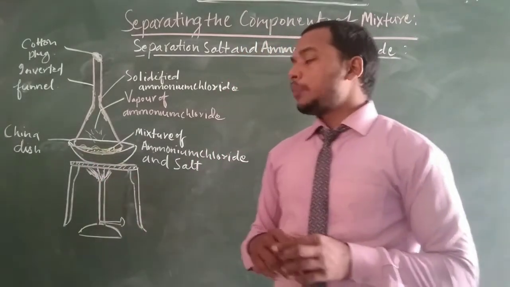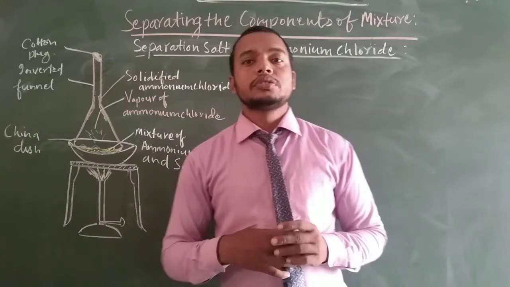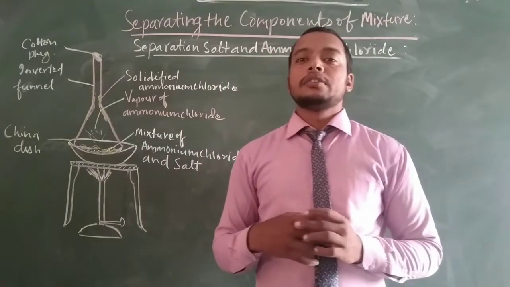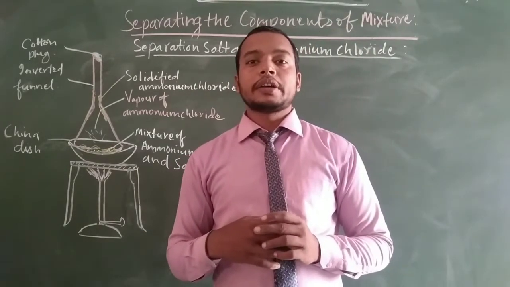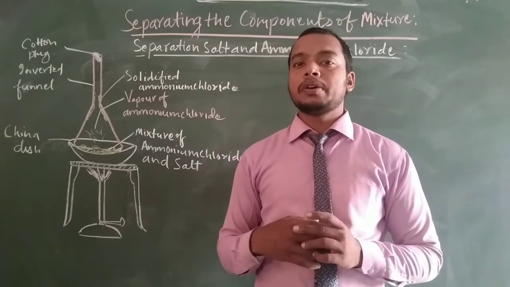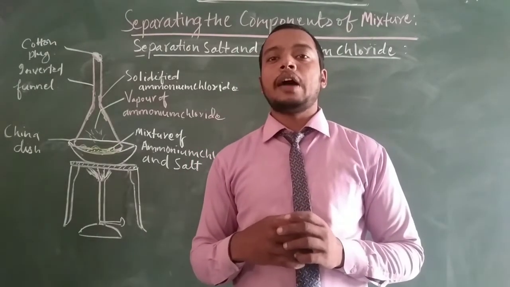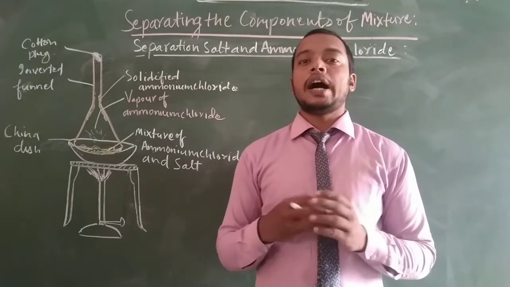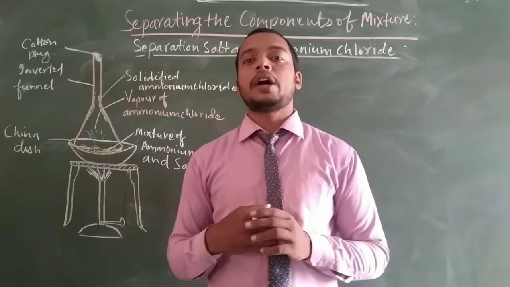So after heating the mixture of salt and ammonium chloride, the ammonium chloride evaporates in the form of vapor, and after some time the vapor sticks as solidified ammonium chloride.